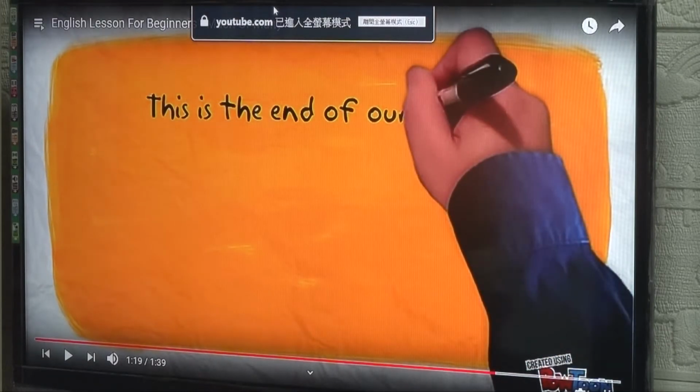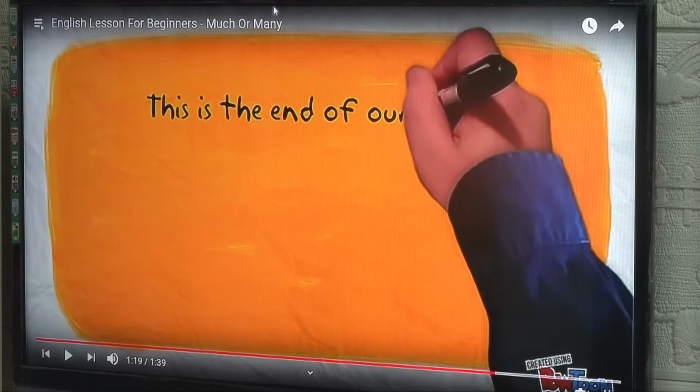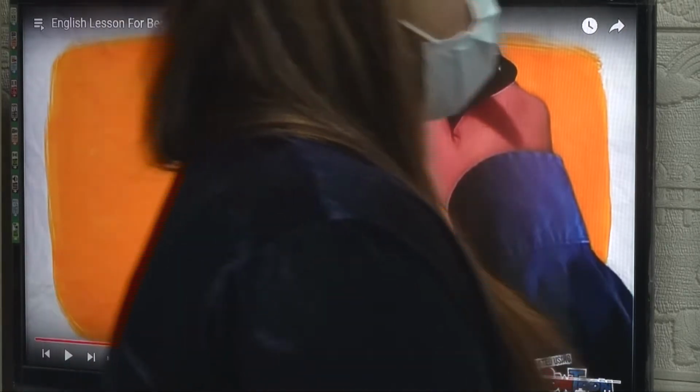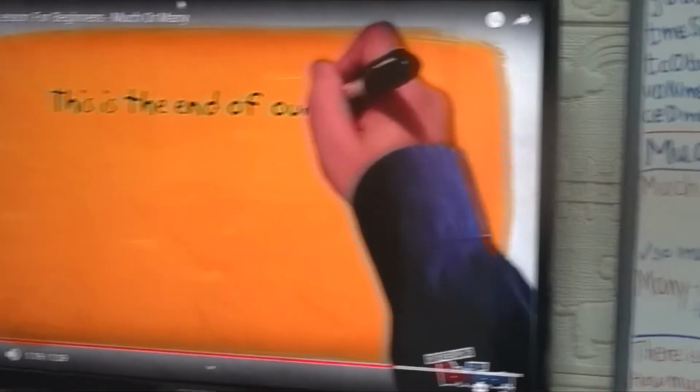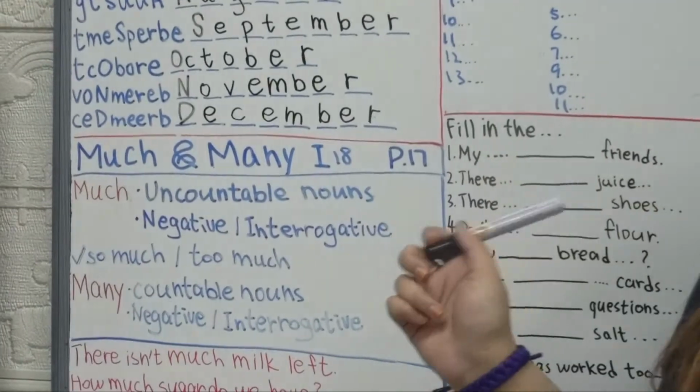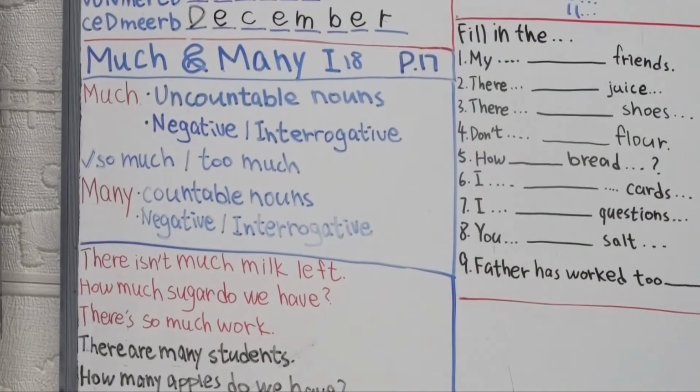Alright, do you understand anything from this little video clip? Basically, all they're saying is many is used for the things we can count, for countable nouns, alright? And much is used for the things we cannot count, uncountable nouns.